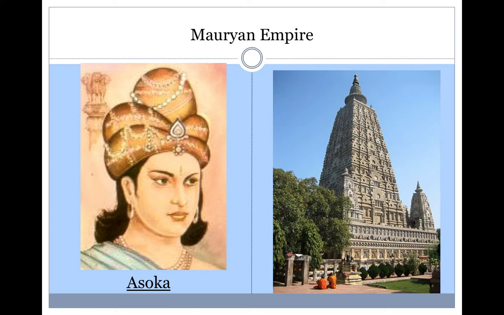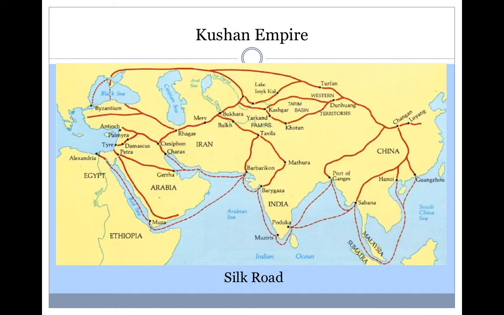The second empire that we're going to look at is the Kushan Empire. So write that as the next bullet and then put a dash after it.